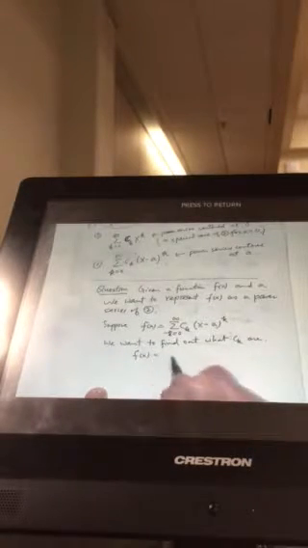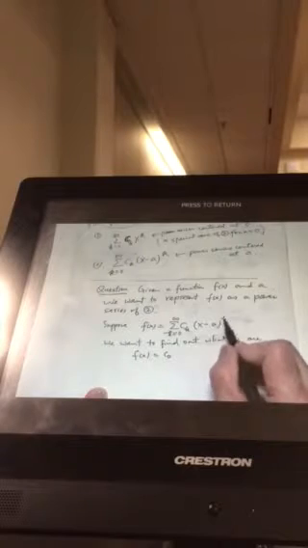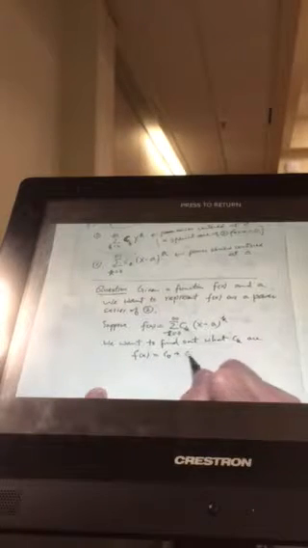Let me write it out. When k equals 0, I have c0, right? And (x minus a) to the 0 is 1, plus c1 (x minus a), plus c2 (x minus a) squared, and so on, and the nth term. So this is really equal to this.